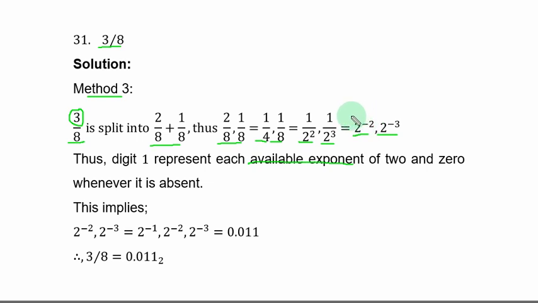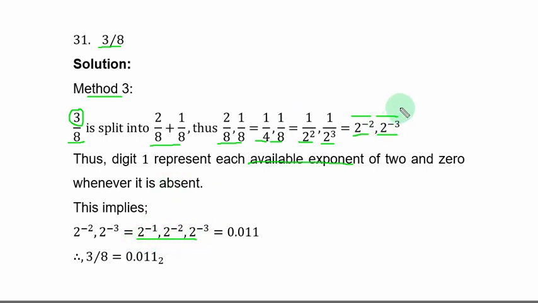This 2 power of minus 2, 2 power of minus 3, we are supposed to start it from 2 to the power of minus 1 in that order. So you start from power of minus 1, power of minus 2, power of minus 3. So we write it in that order.